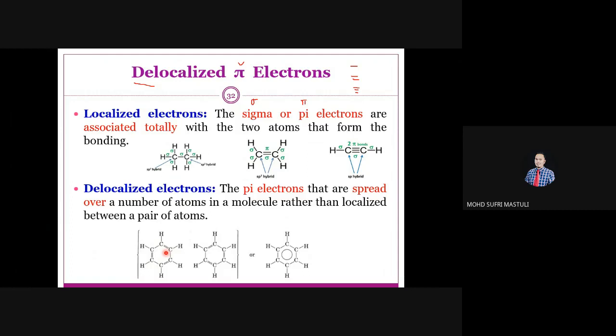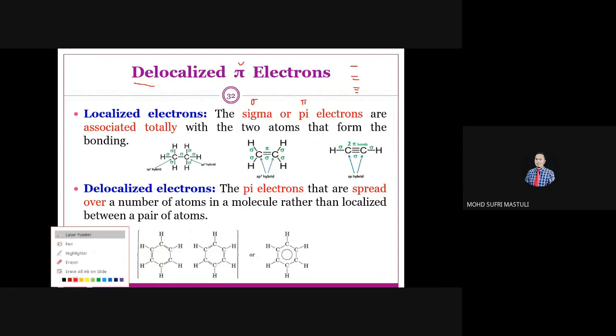The pi electron can move. For this molecule, the pi is here, here, and here. However, the pi can also move either here, here, or here. Okay. So the moving of pi electrons can be represented by this circle.